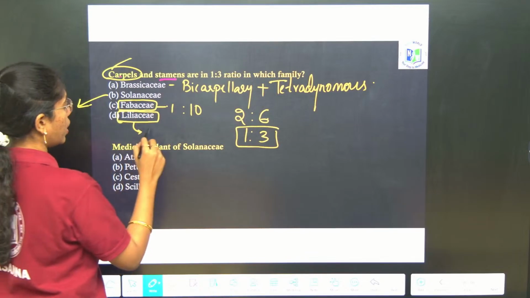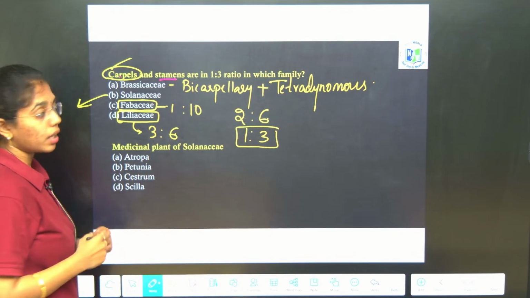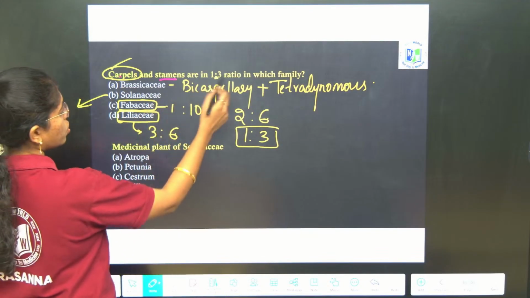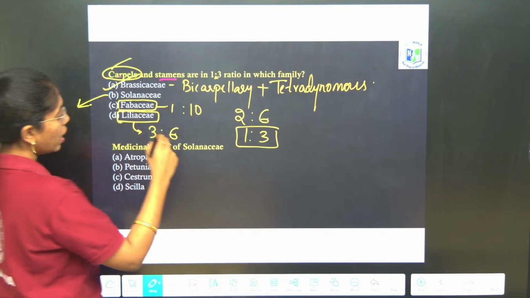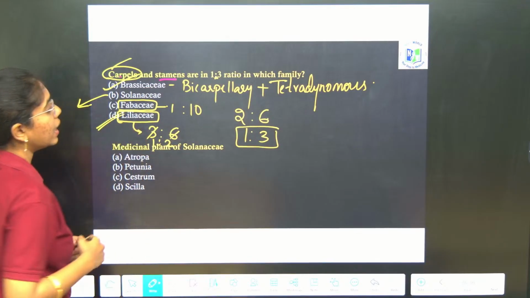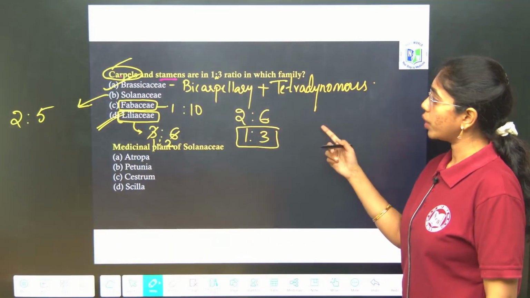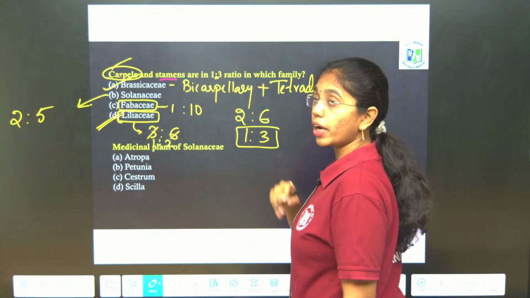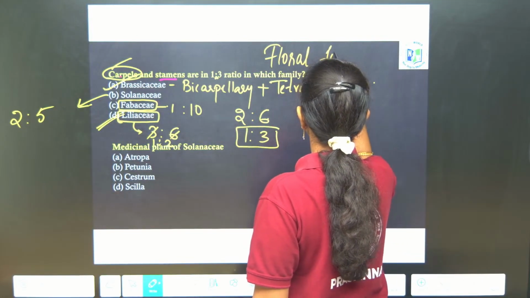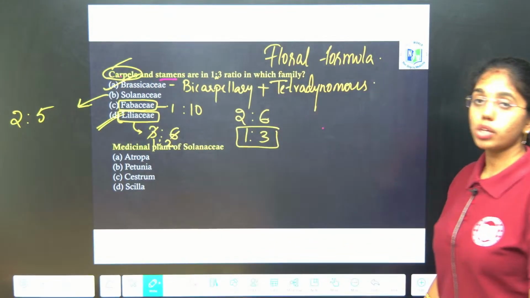It is tricarpellary, 3, to how many stamens? 6, right? 6 stamens, which is epiphyllous. So, if a 1:3 ratio is asked, then you have to go with Brassicaceae. If a 1:2 ratio is asked, then you have to go with Liliaceae. Interesting question, right? So, this is how you have to look into it. If the floral formula is in your mind, you can solve this question.